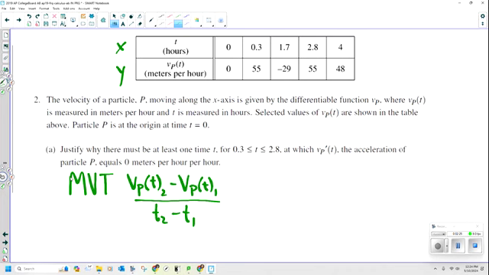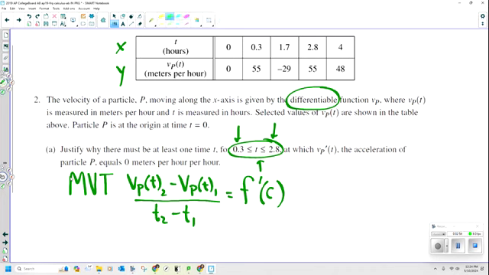If we have an interval, which we do, the average rate of change between these two endpoints, change in y over change in x, has to equal the derivative at some point c in between this interval. It has to, especially if it's differentiable everywhere. We can take the derivative everywhere. So let's figure out what our change in y over change in x is.